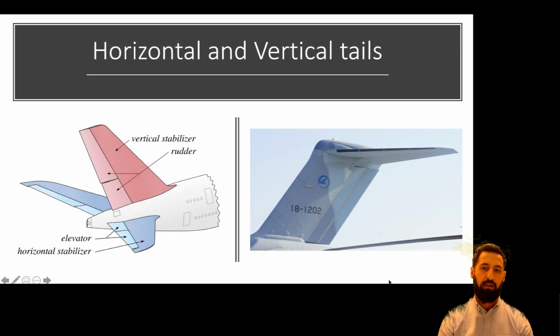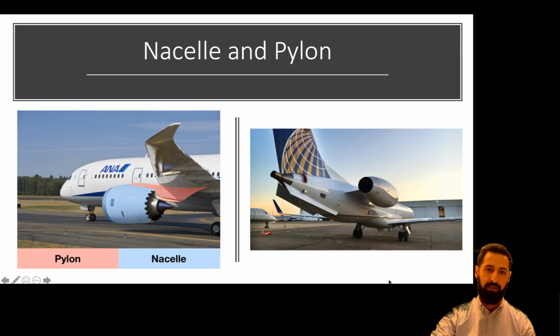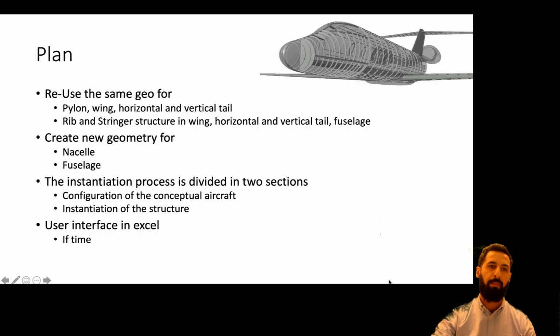So in the next video, what I will do is start modeling the horizontal and vertical tails, the pylon and the nacelle for holding the engine in place, and then basically everything else which is needed. I'm going to reuse the same geometries for pylon, wing, horizontal and vertical tail.